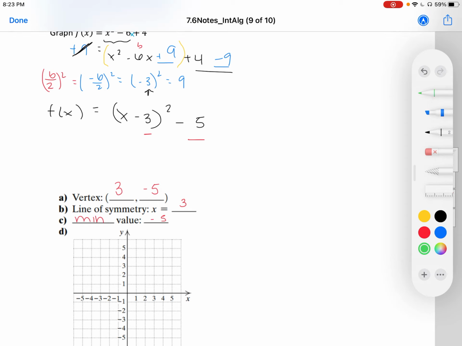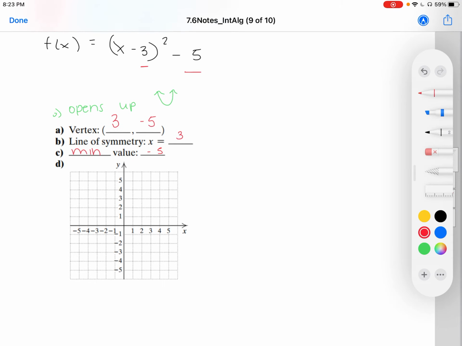And something we need to add is that maybe step 0, it opens up. So I know our parabola is going to look this way. Okay, let's plot some pieces that we just found. So I have 3, down 5. And I know it's going to open up, and then I have a vertical line that splits my parabola, the axis of symmetry at x equals 3.